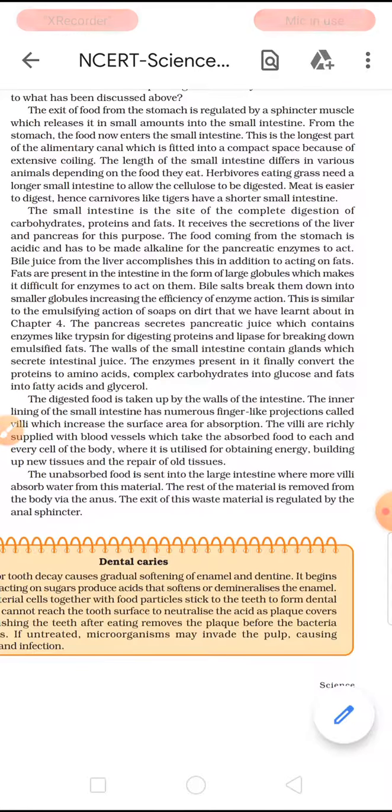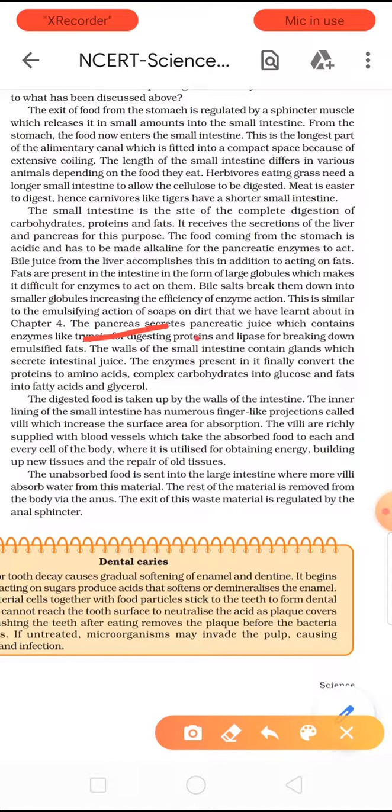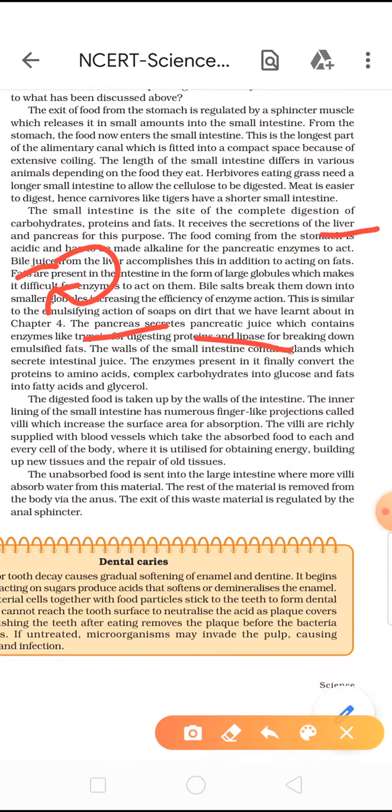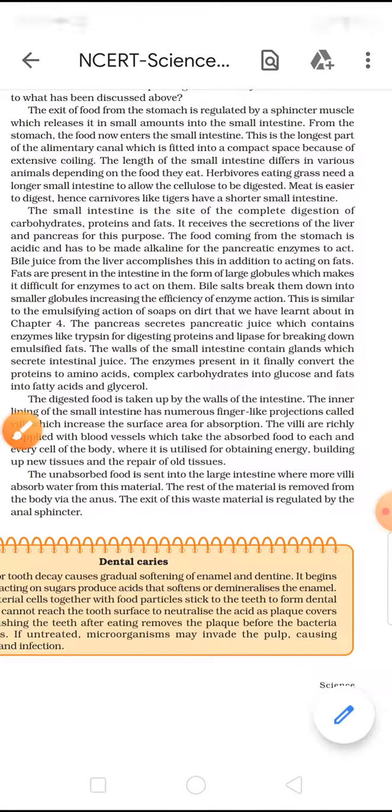The pancreas secretes pancreatic juices. We know that the liver will secrete bile, that is bile juice that we have studied, and that bile will help in digestion of fat. Pancreas likewise will secrete pancreatic juice, which contains enzymes like trypsin.